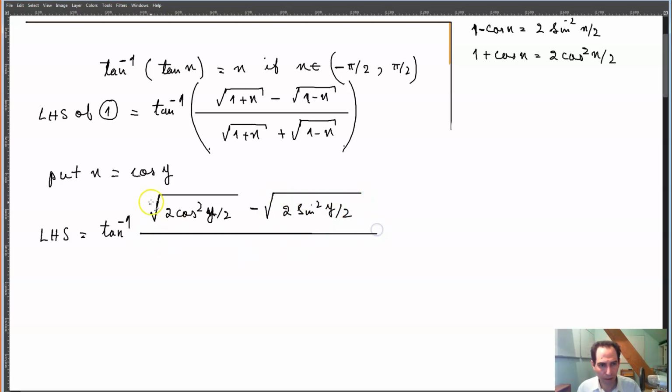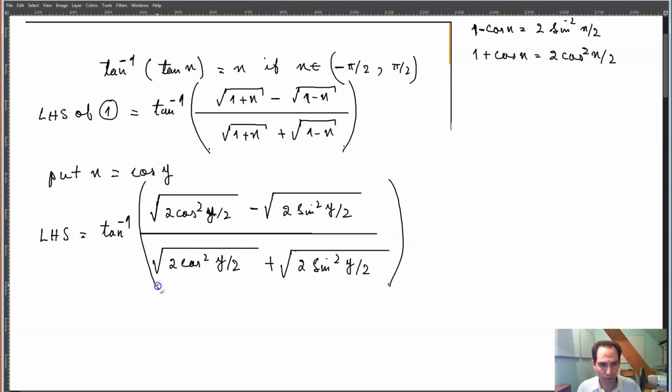And then over here you have the square root of 1 plus cos y. 1 plus cos y would be 2 cos squared y divided by 2. And plus the square root of 1 minus cos y, which would be 2 times sine squared y divided by 2, right?